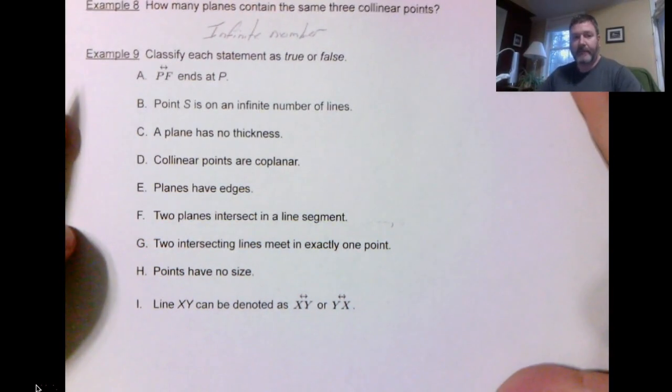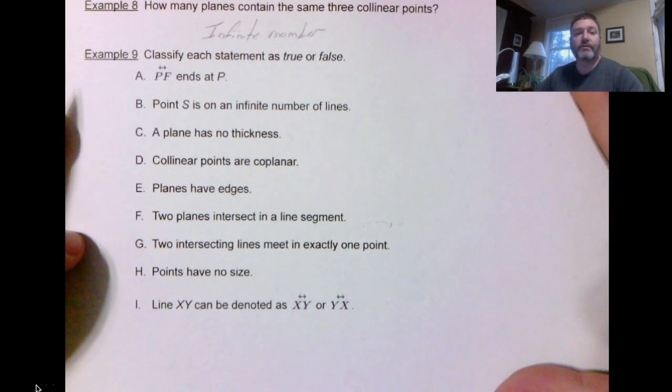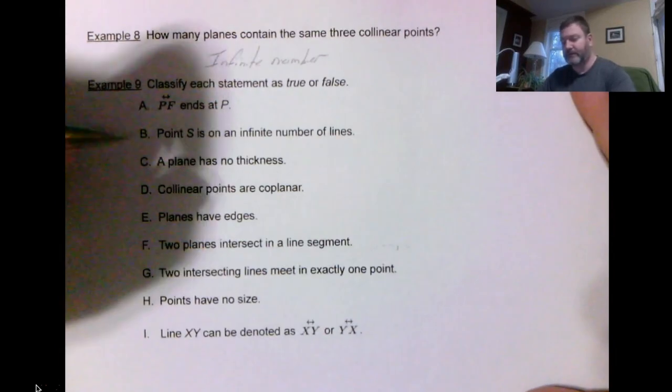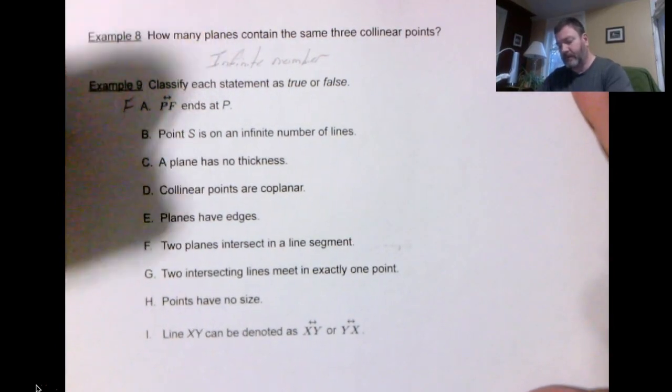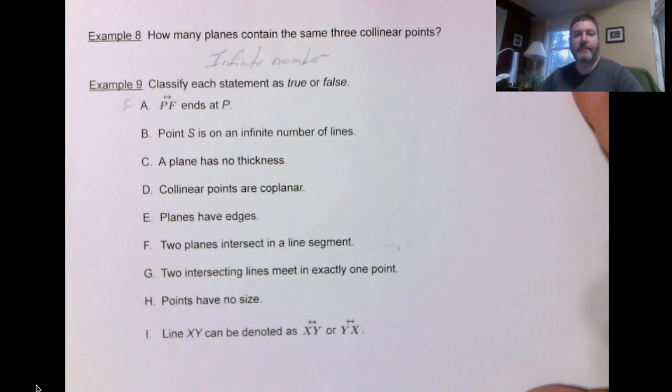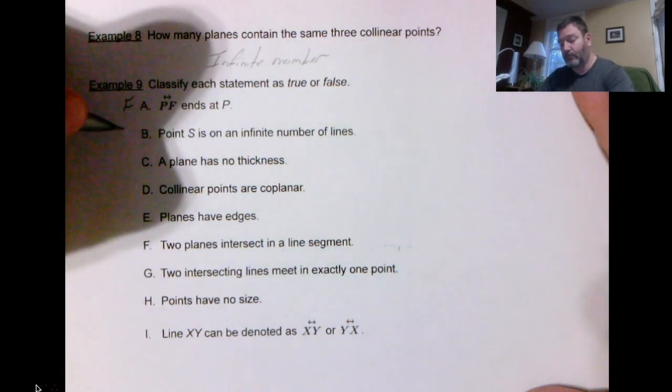Example 9. Classify each statement as true or false. Line PF ends at point P. True or false? False. Lines don't end. Point S is on an infinite number of lines. True.